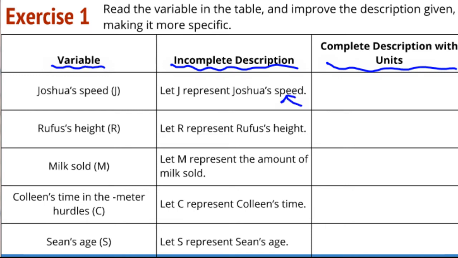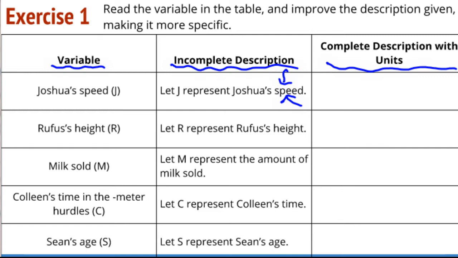Well, if you think back to some of the stuff that we did with rate, speed is a ratio of some kind of unit over some kind of time. We could measure speed in miles per hour, feet per second, inches per day. So this is very, very non-specific. We are going to want to get a little bit more specific about this.